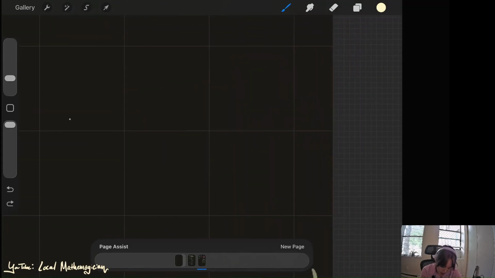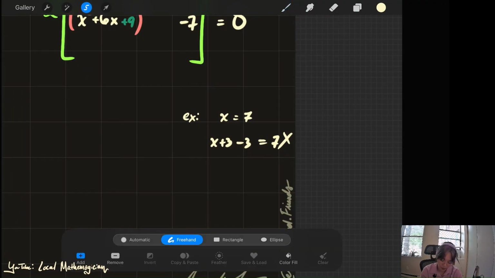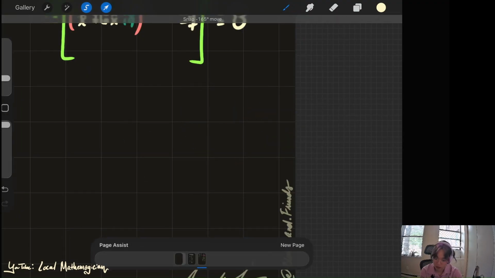What I mean by that is, if I say x is equal to 7, and I say x plus 3 is equal to 7, that's not true anymore. This is true. I don't recommend doing it on this side only because you will have a lot of room for error.